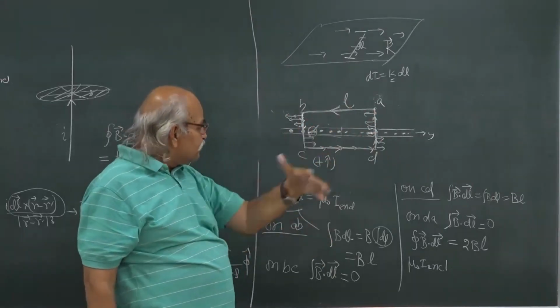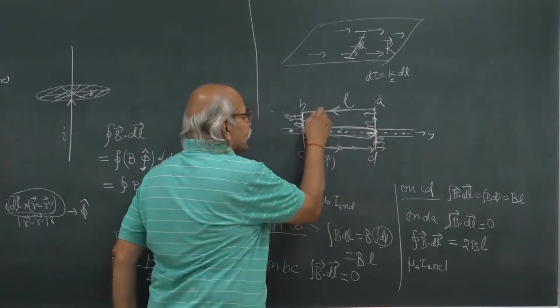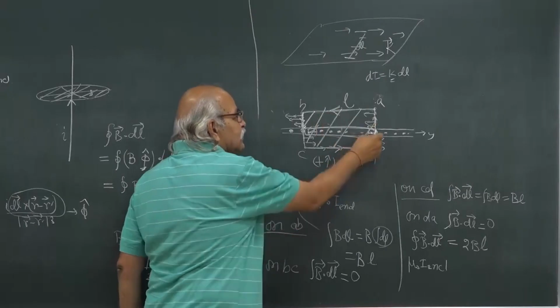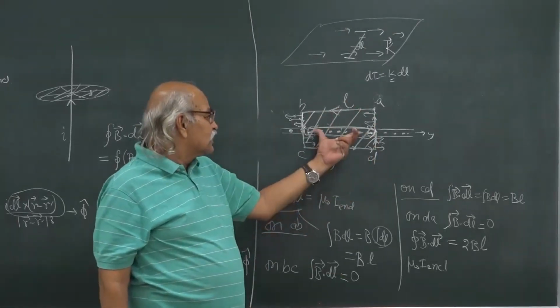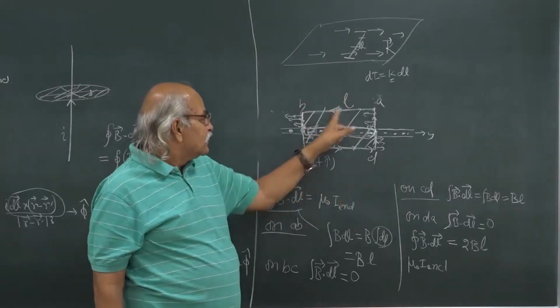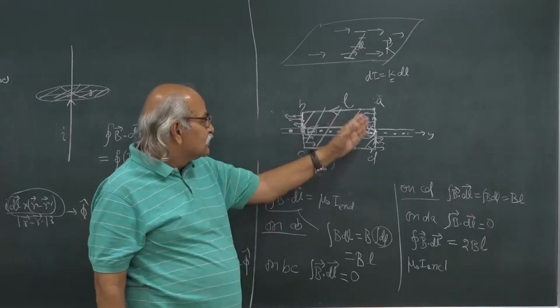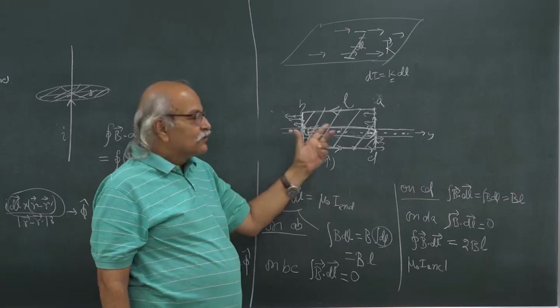Now, all this current which is coming out, this much current is crossing this area enclosed by the loop. Okay, this much current is crossing from the negative side to the positive side, and it goes through this area. This is not going through the area, this is not going through the area. So, it is this current.